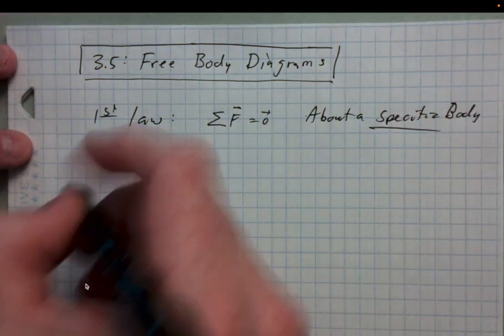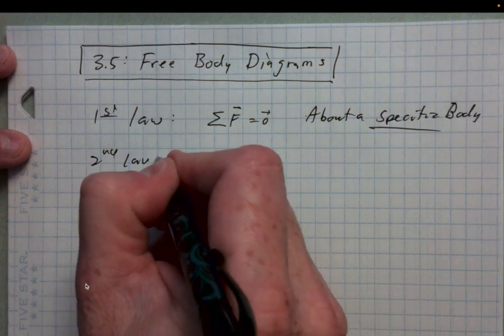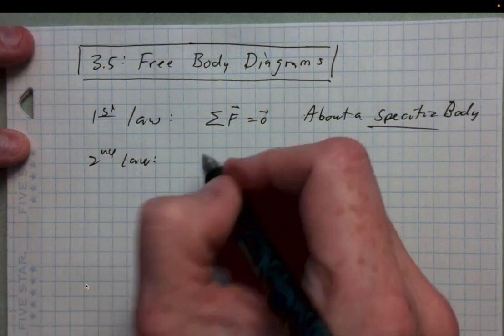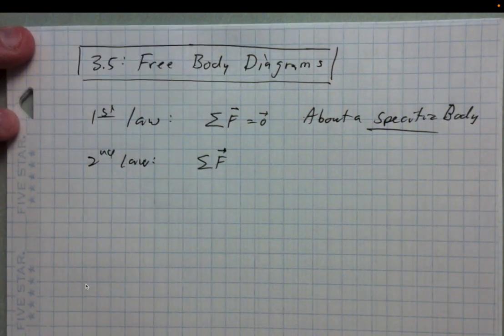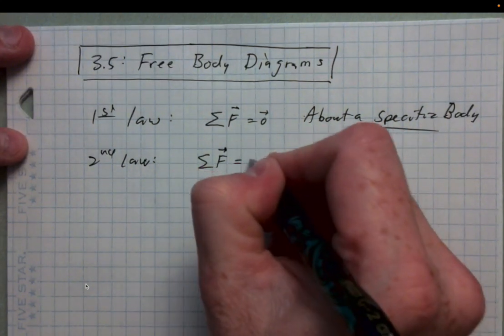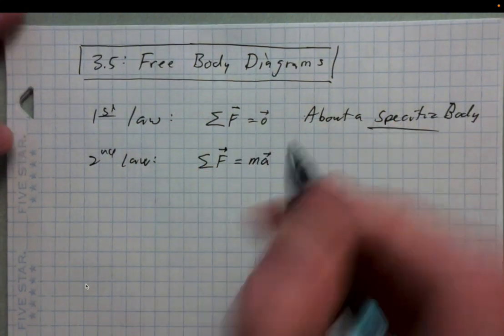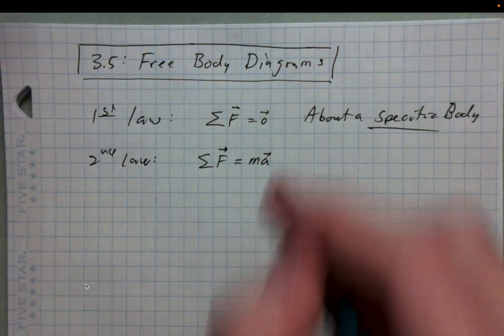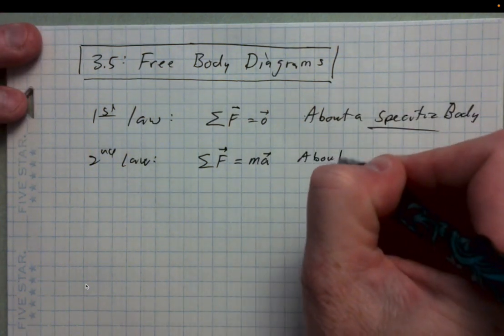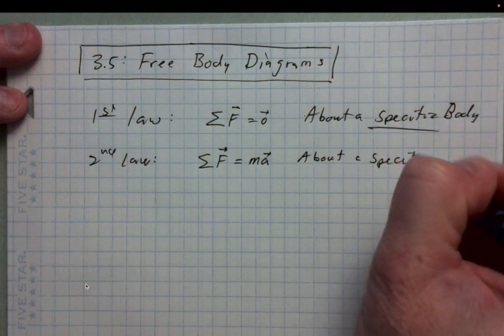Now this is also true of the second law, right, which says if there is a net force, i.e. if the sum of the forces acting on the body are non-zero, then the body will be accelerating, and it'll be accelerating according to this relationship here. This law also is about a specific body.